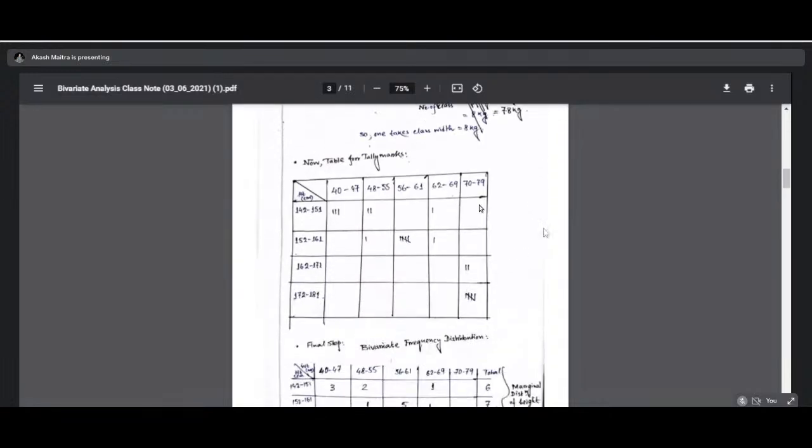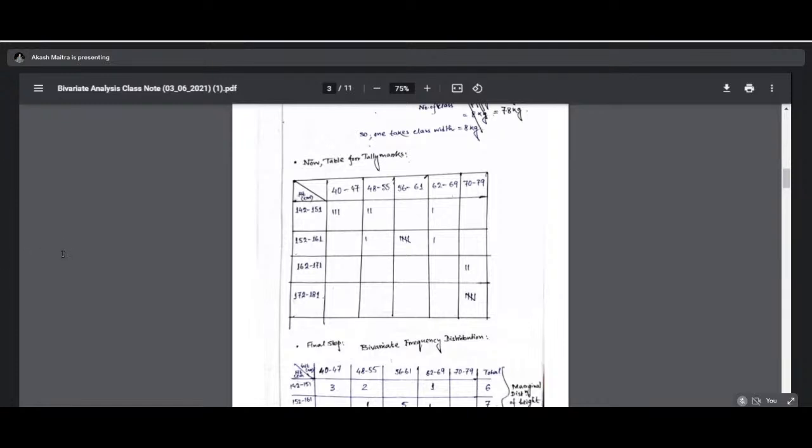So in these univariate data points, like you have done in class 11, that is height, and it will be weight. I have misplaced this, and sorry for that. Consider it as weight. Then what you did in your previous classes, like class 11, you take height and then you consider those class marks like 142 to 151, 152 to 161, and here 40 to 47, 48 to 55, and so on.